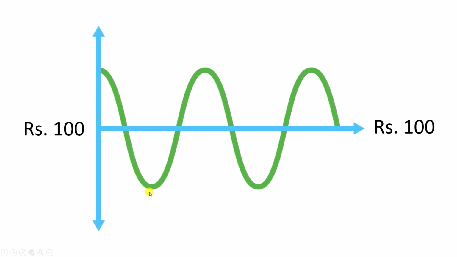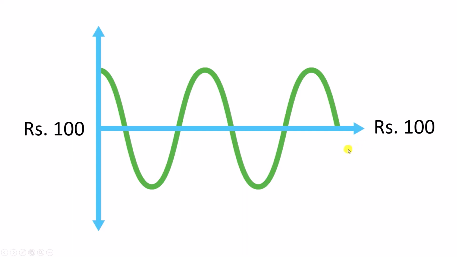It fluctuated back and forth, and then today it is 100. So even though it was at 100 last year and 100 this year, it doesn't mean that it was not volatile. It might have been volatile, but what we are seeing today is the same value.